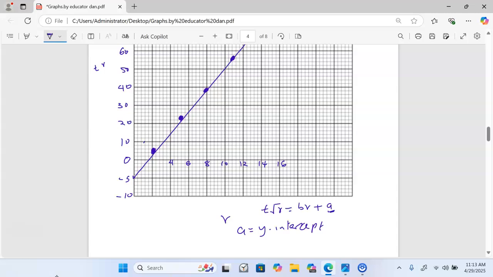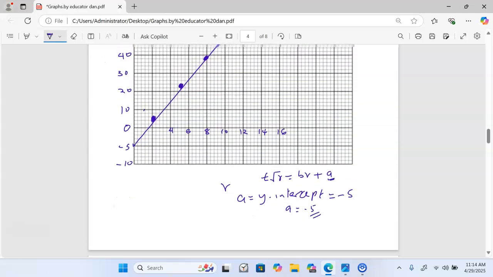In this case, we look at where this line cuts the y-axis, and it bisects it at a point where we have -5, and therefore our A is -5.